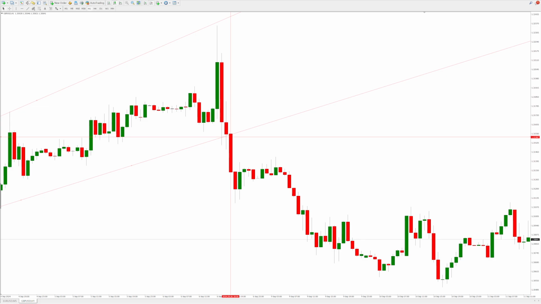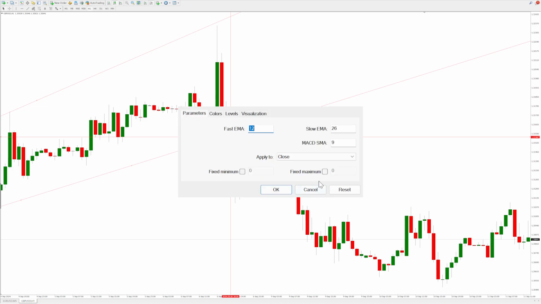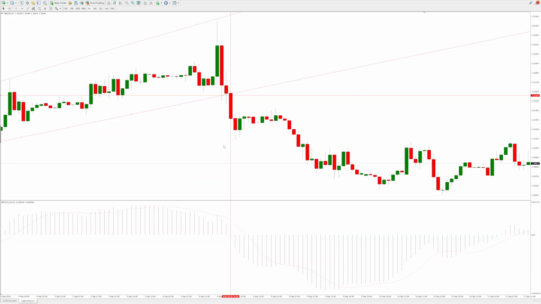You can use other indicators for further confirmation if you wish. For example, you might put the MACD on your chart, a free indicator available in most chart trading platforms. With the MACD, when it falls below this zero line here, it's considered to be a downtrend.